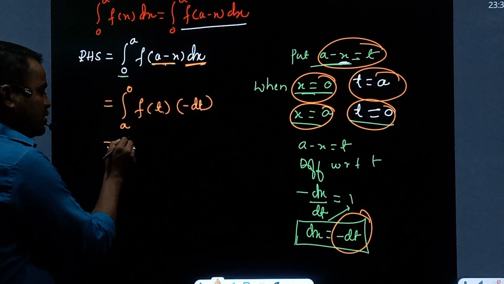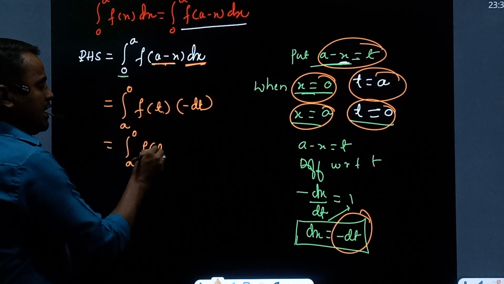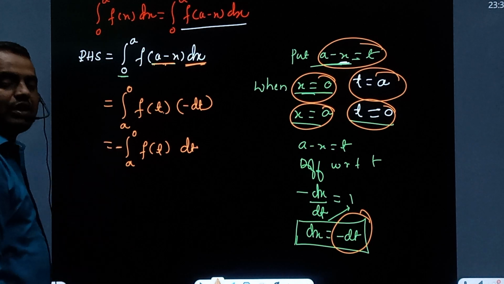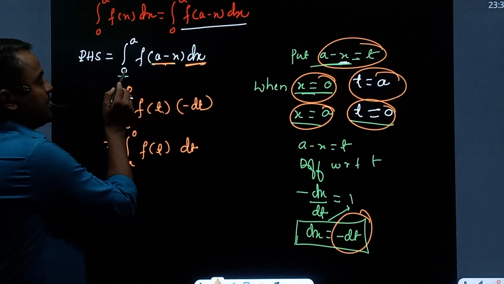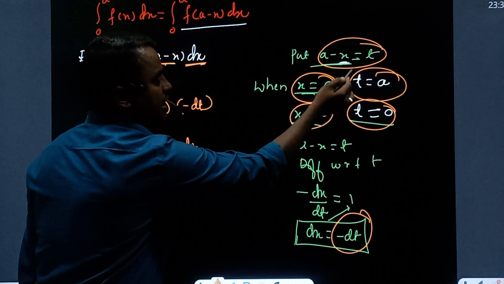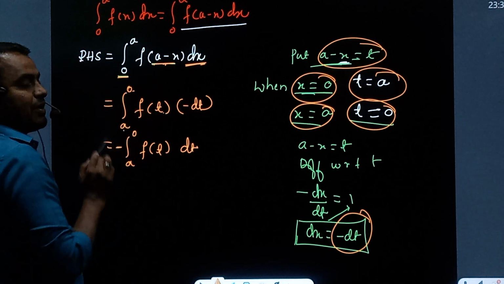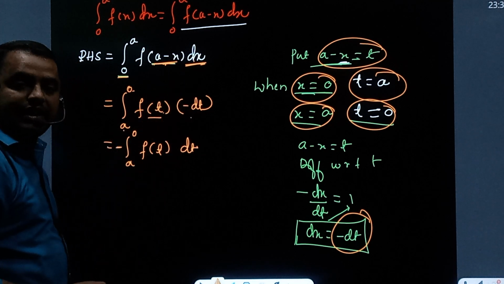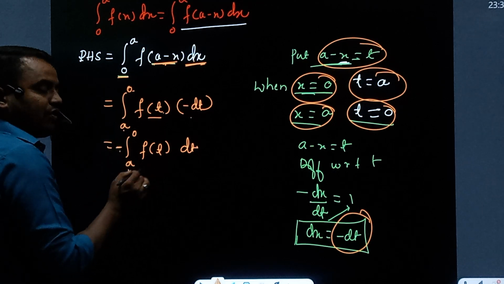That is equal to integration from a to 0 of f of t dt, and I write the minus sign outside the integral sign. In the place of the limits, 0 becomes a and a becomes 0, a minus x is t, and dx is minus dt. In the next step, take the minus sign outside, a to 0 f of t dt.